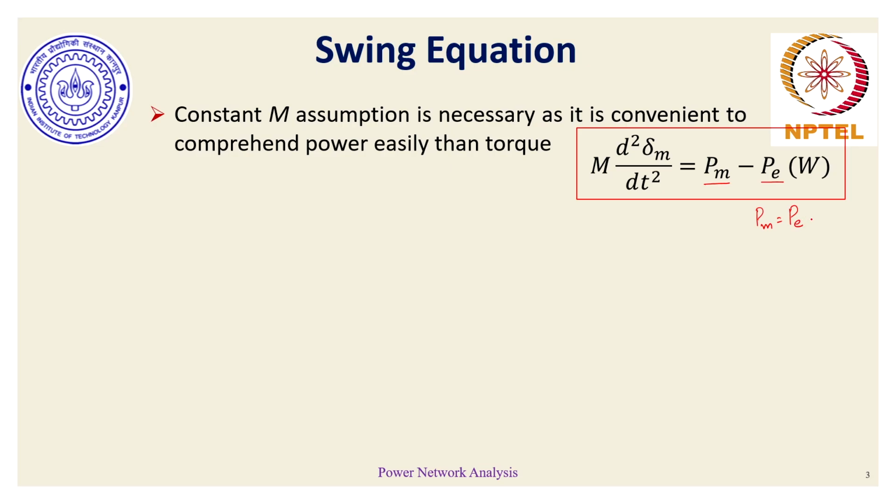So the associated acceleration power, which is the difference of PM and PE, turns out to be 0. Hence, under steady state condition, the rotor angle, which we identify with the angle of the internal EMF of the synchronous generator with respect to the terminal voltage, has a double derivative equal to 0.